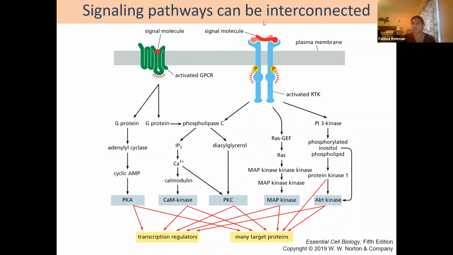Basically what I talked about is that, I think you can appreciate from the slides before that these different receptors are not working alone. They are working in crosstalk with each other, in collaboration with each other.